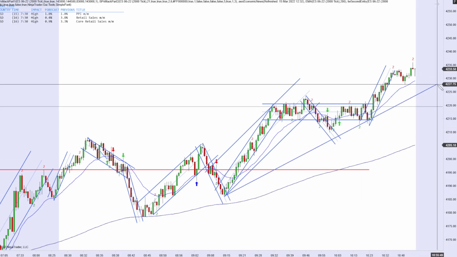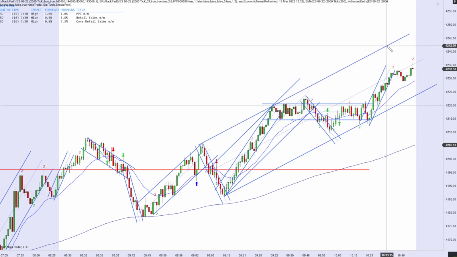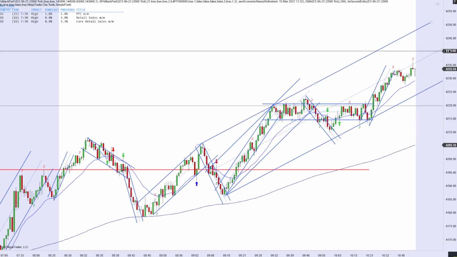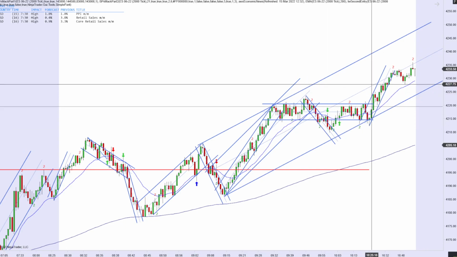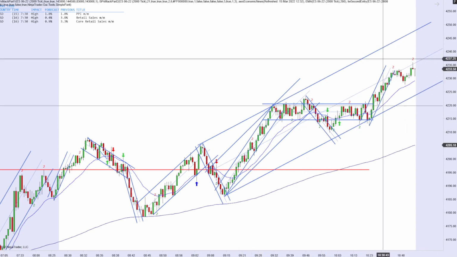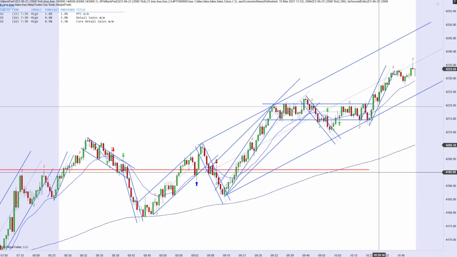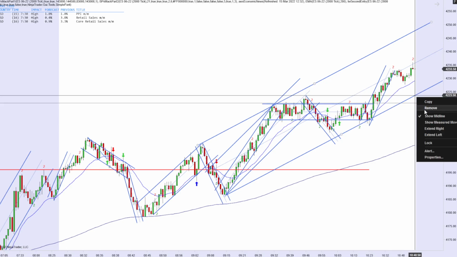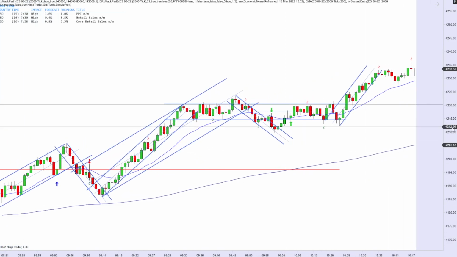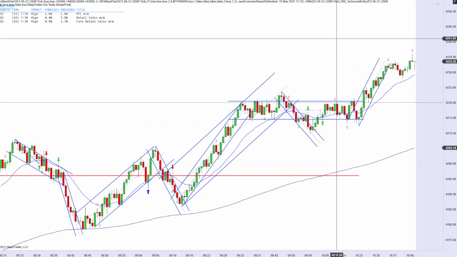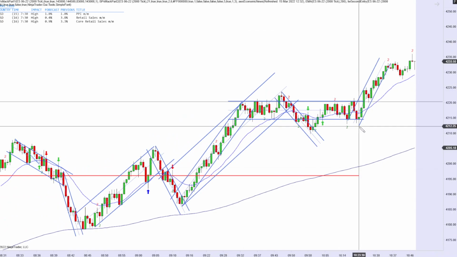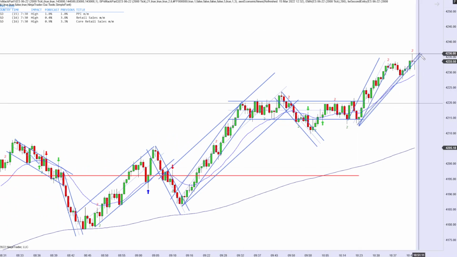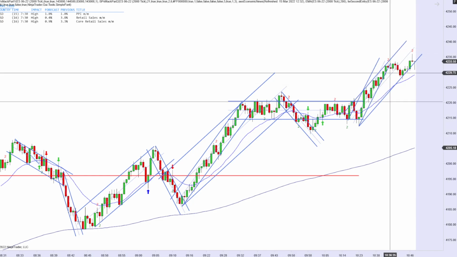Because we want to try and incorporate as much prices as possible. These are tentative channels that you can draw while you trade, but just be cautious about them. I'm not seeing anything that's standing out too crazy. If we have a bigger channel at play, we could have something like this.